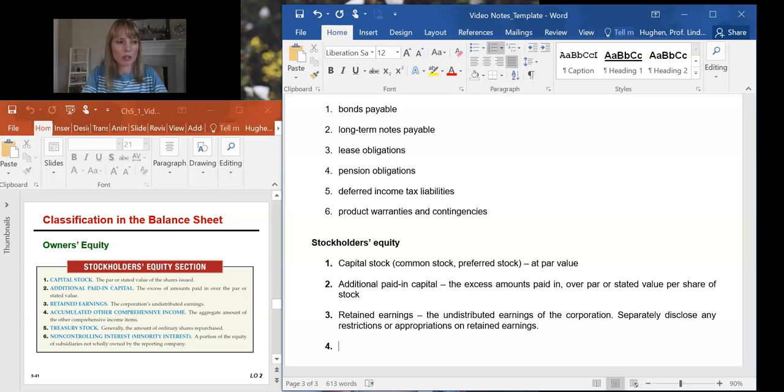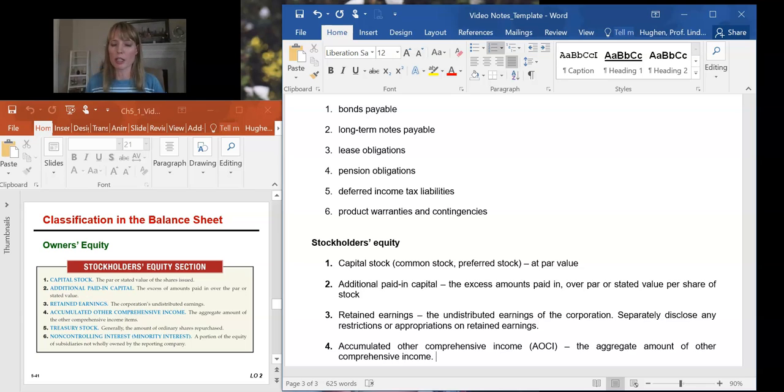Well, we just recently mentioned that there's an additional account called Accumulated Other Comprehensive Income. And we typically refer to this as AOCI. And this is the cumulative total, or the aggregate amount of other comprehensive income. And remember, what is other comprehensive income?